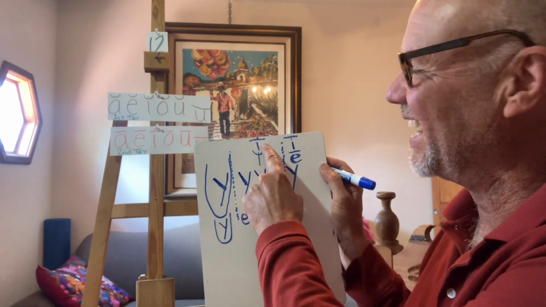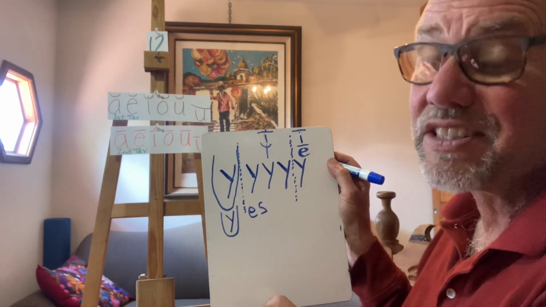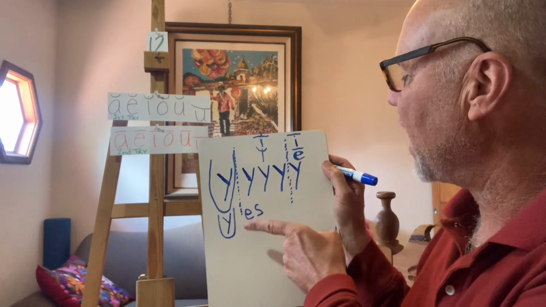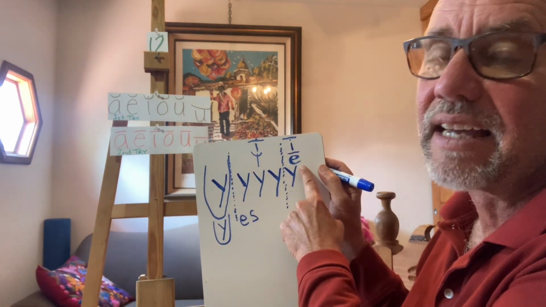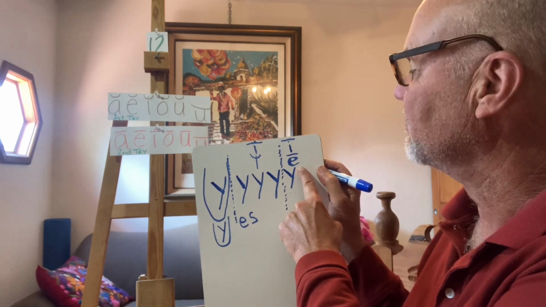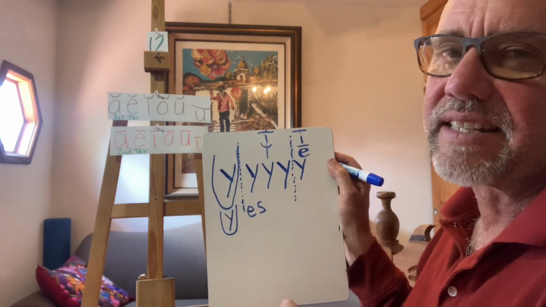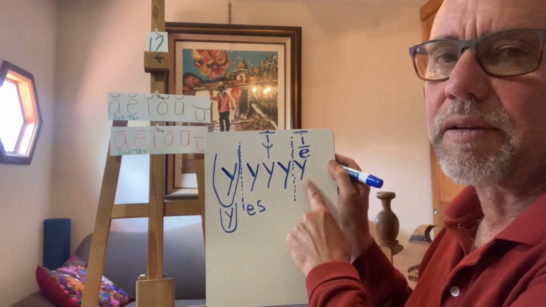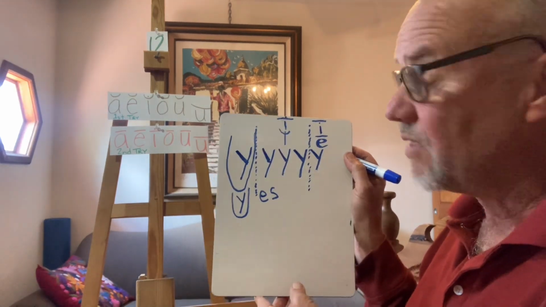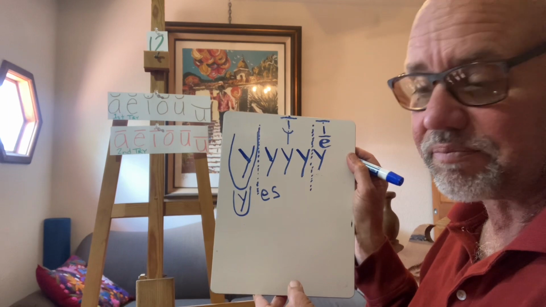Second try I, as in Myron. And these are pretty rare. Y at the end of a root word, first try E, as in puppy. Second try I, as in my, cry, try, right? So these are more common, Y at the end. That's all you got to know about Y.